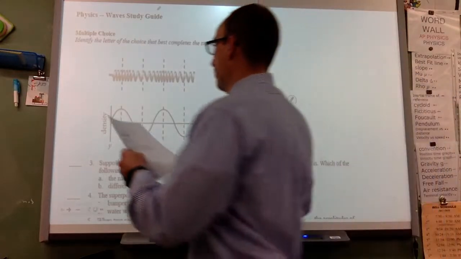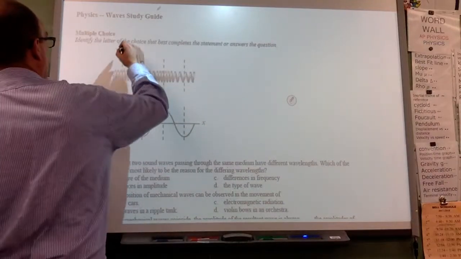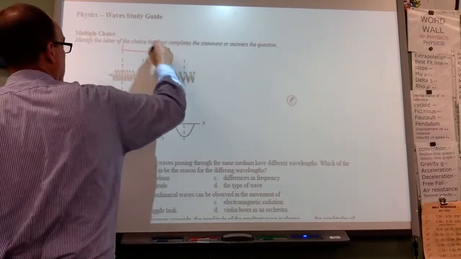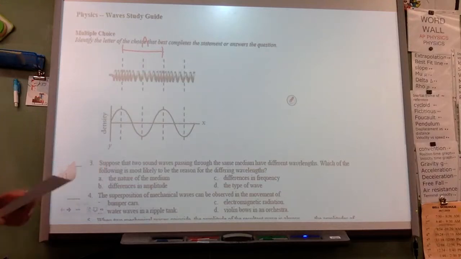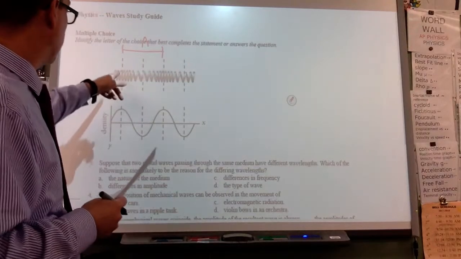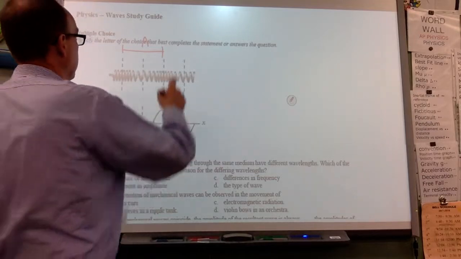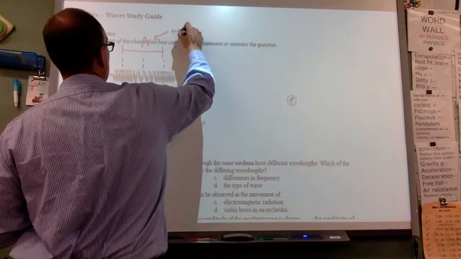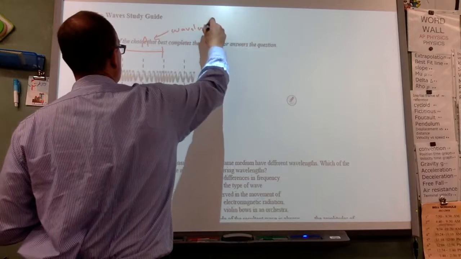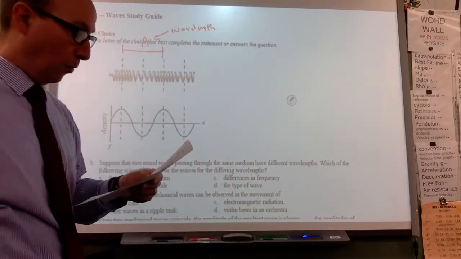All right, so they want us to identify what these letters are. Looking at this first one, A goes from an area of compression to an identical area of compression. So this, for me, would be a measure of wavelength.